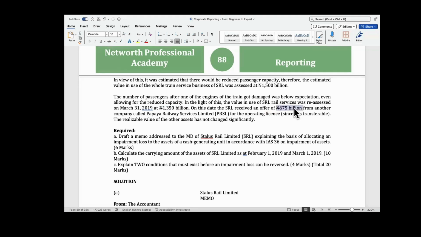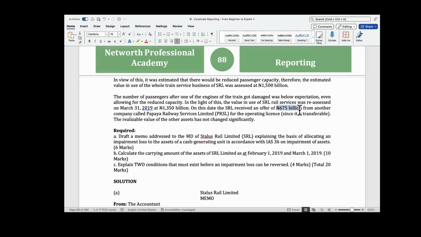They didn't spell it out like that, but they said they received an offer from another company that wants to buy it, and the company is ready to pay 675. That means this is the selling price of that license. So just go and put this 675 as the new carrying amount.